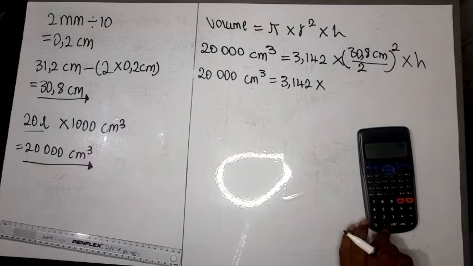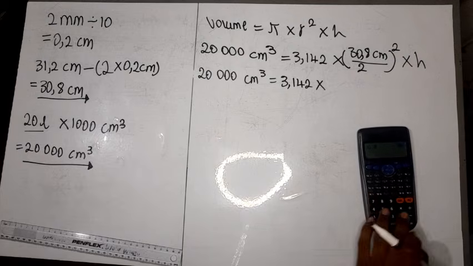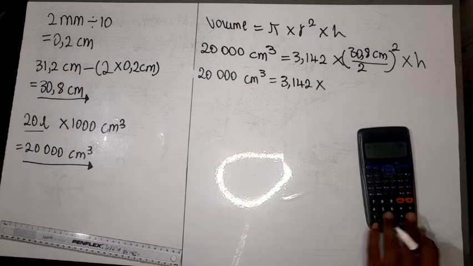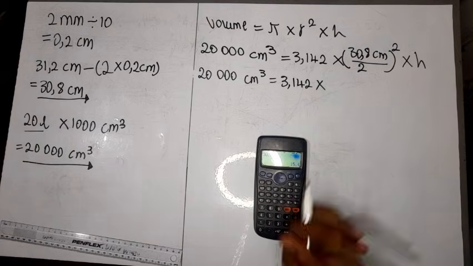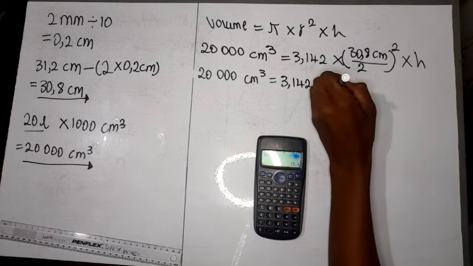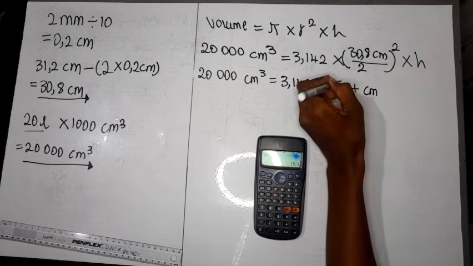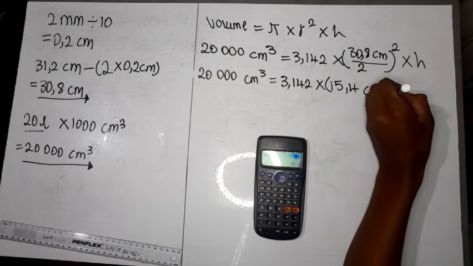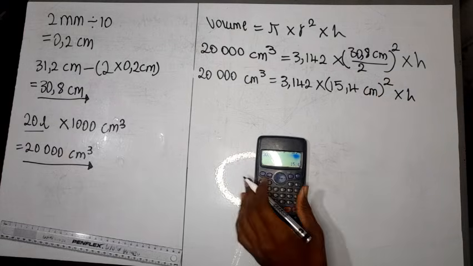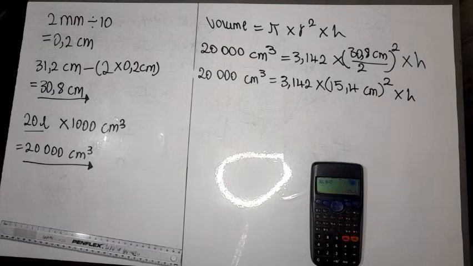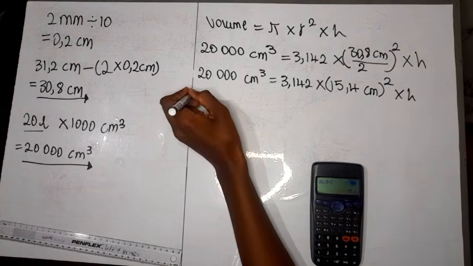So it's 30.8 divided by 2. So that gives us 15.4 centimeters, and then square multiply by height.